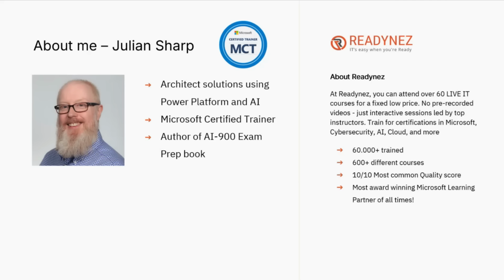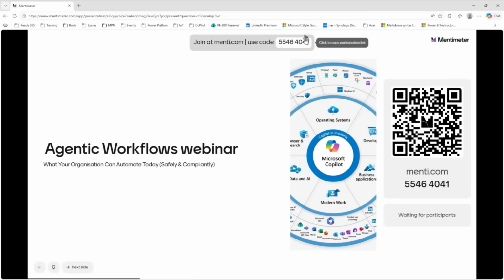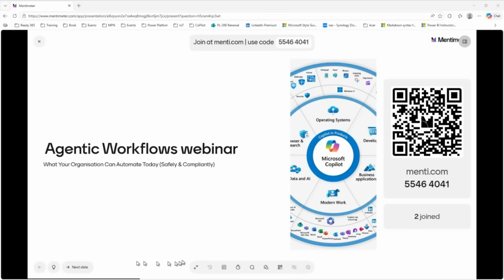I want to know a little bit about you now. So you can go to menti.com, or scan that QR code, or use the link I'm going to put in the chat right now. There are a few questions to understand what you know about workflows and agentic workflows.